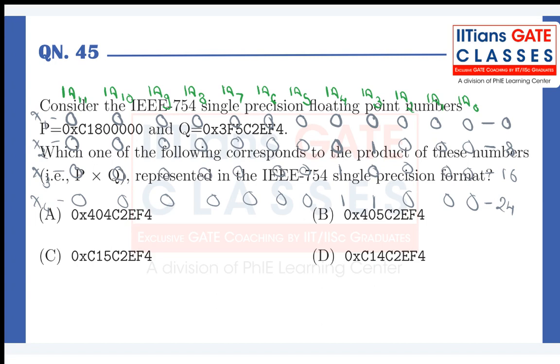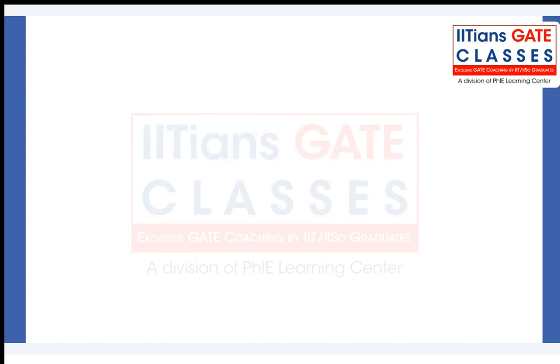Okay, so let's start. Let's look at the single precision format, right? So this is the format. You have a sign, you have a biased exponent, and you have a mantissa.